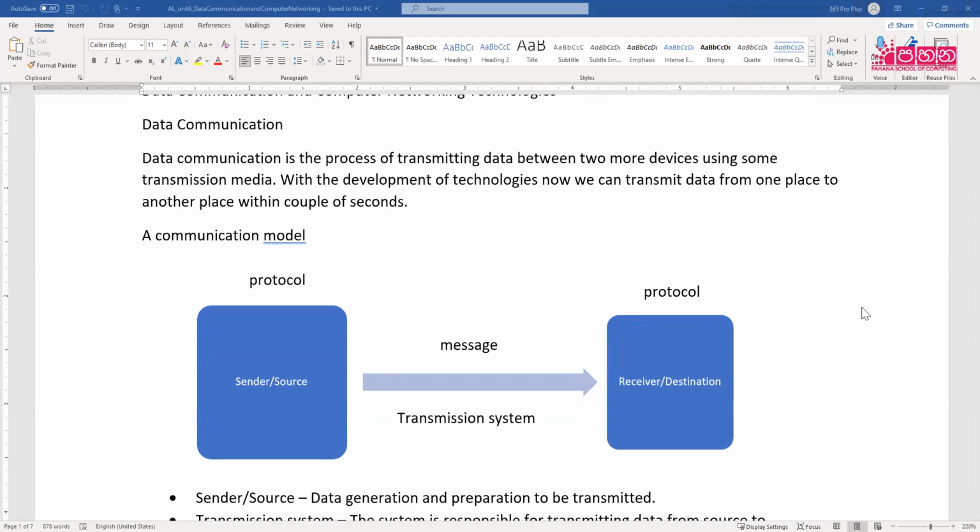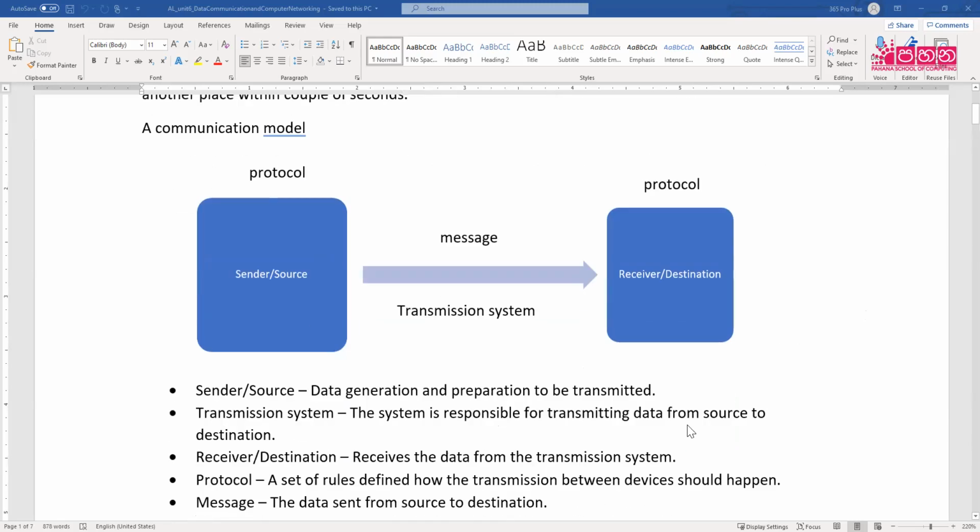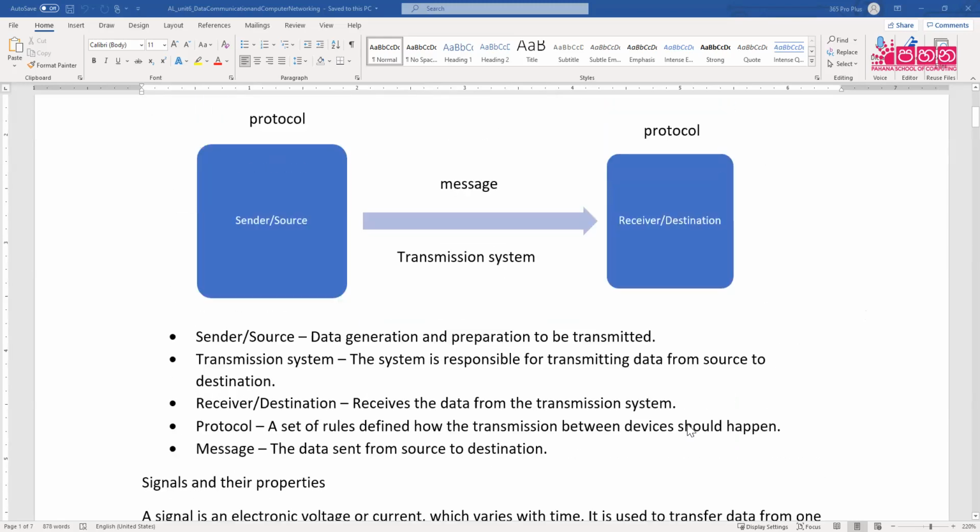When you look at a model of communication, there will be three parts. We'll have a sender, we will have a receiver, and then we have a transmission system or the medium, right? When you talk about these, there are a few things we discuss.